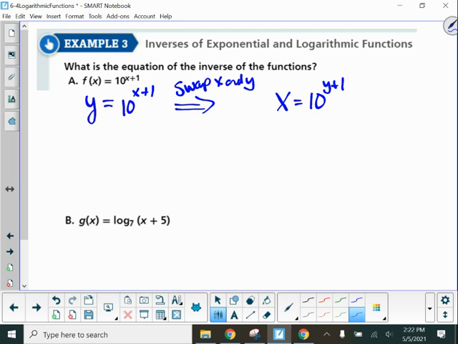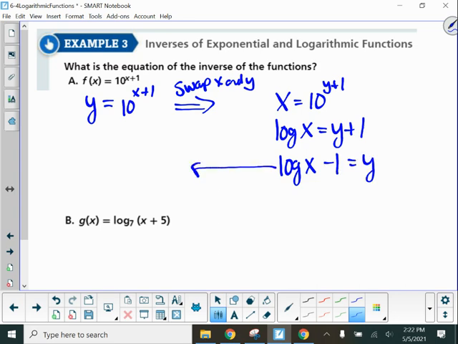To do this, I want to rewrite this as a logarithm. My base is going to be 10. Since that's a base 10, I don't have to write logarithm base 10. So I'm taking the log of x, and that's equal to y plus 1. Then to get the y by itself, I would subtract 1. So this is log x minus 1 is equal to y.